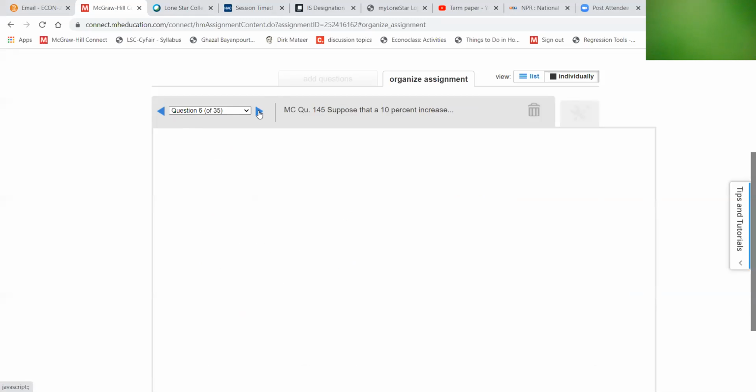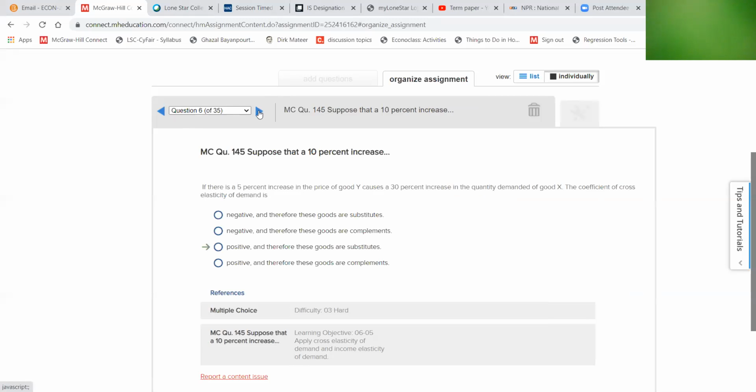The next question that I have here is about cross elasticity, very, very similar to income elasticity. We are trying to figure out the relationship between good X and good Y. And again, we're just interested in the sign of this cross elasticity. So if you read the question, no calculation is needed. It says that there is a 5% increase in price of good Y and a 30% increase in quantity of good X. So you have positive divided by positive.